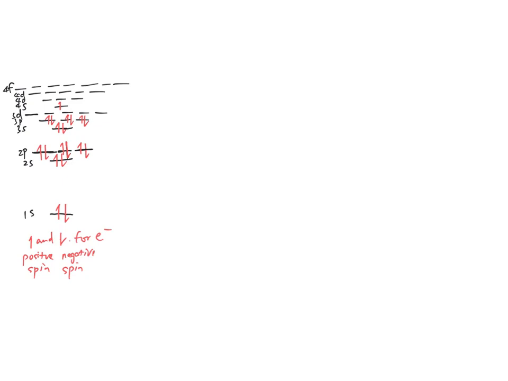Why? Can you skip the 3d orbital like that? No. Doesn't this go against the rule? You have to fill up the lower energy level first before you go into a higher energy level. 3d should be lower than 4s, right?